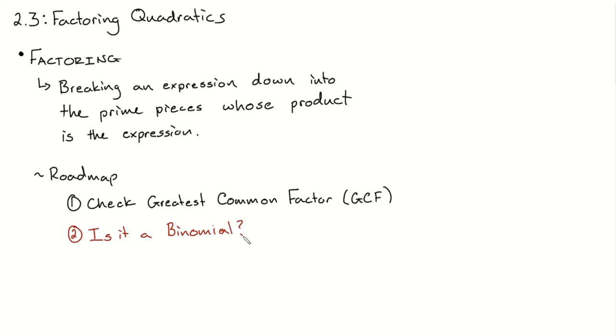Okay. For our binomial stuff, right now we only have one option. There's more out there, but as a follow-up on 2, we're going to check, is it a difference of 2 squares? A difference of 2 squares.